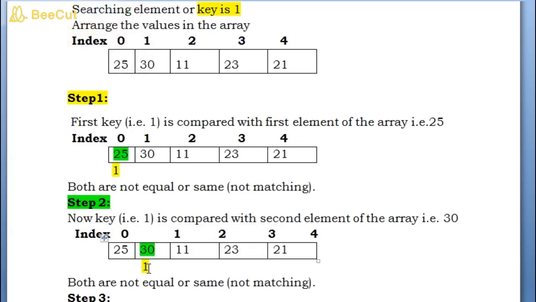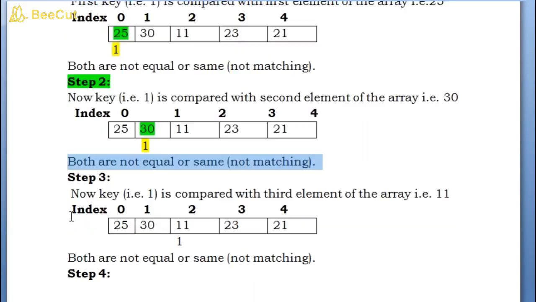Now 1 and 30, 1 is key, 30 is the second element of the array. Both are same? No, both are not equal or same. That means the key is not matching with the array element. So what are we supposed to do? We have to compare the key with the third element of the array.